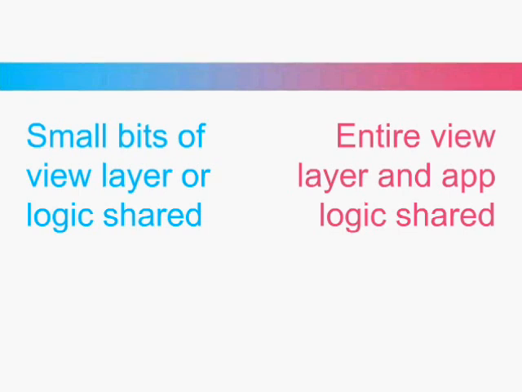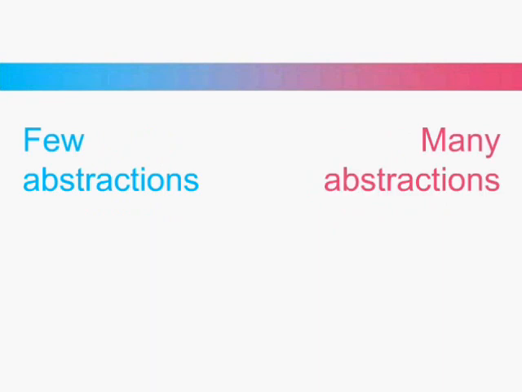So on the left side here, there are few abstractions needed, maybe even none to make this work. If you're just sharing some Handlebars templates, for example, you don't really need any abstractions. You just need to be able to call Handlebars on either side, on the server or on the client. Whereas in the other case, you need to build many abstractions.